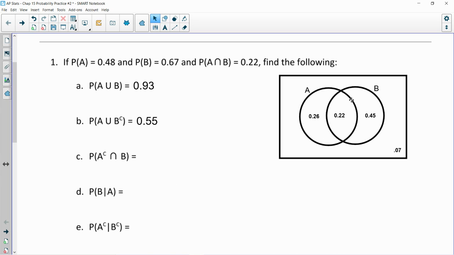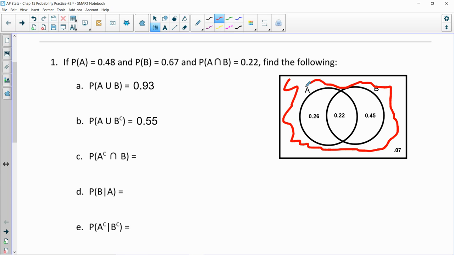Where does the crescent shape and everything outside intersect with B? So what does it have in common with B? And sometimes, adding to your picture and maybe doing a little shading will help. So the complement of A is all of this, all the way out here, plus this little guy right there.